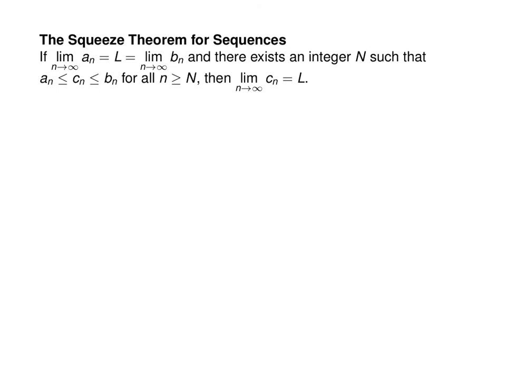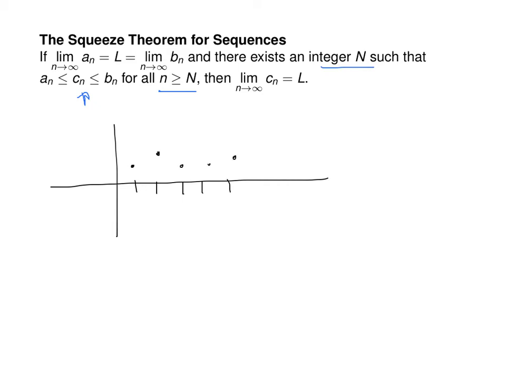Many of the theorems that you had for limits of functions are also true for sequences. So if we have two sequences whose limits are both equal to L, and we have a third sequence, C sub n, and there is a value n such that after you go past that value, your C sub n is sandwiched in between your A sub n and B sub n, then C sub n's limit is also L. And what this says is this: you have your A sub n down here, and you have your B sub n above.